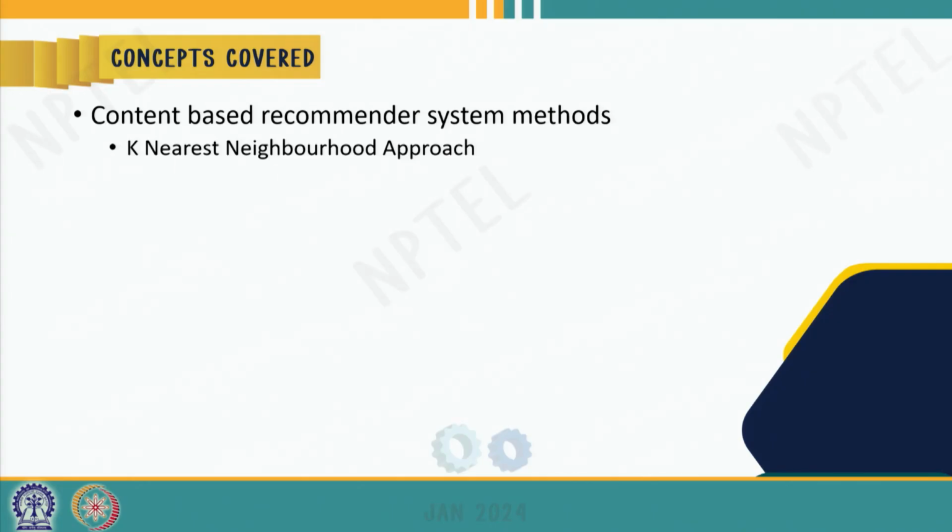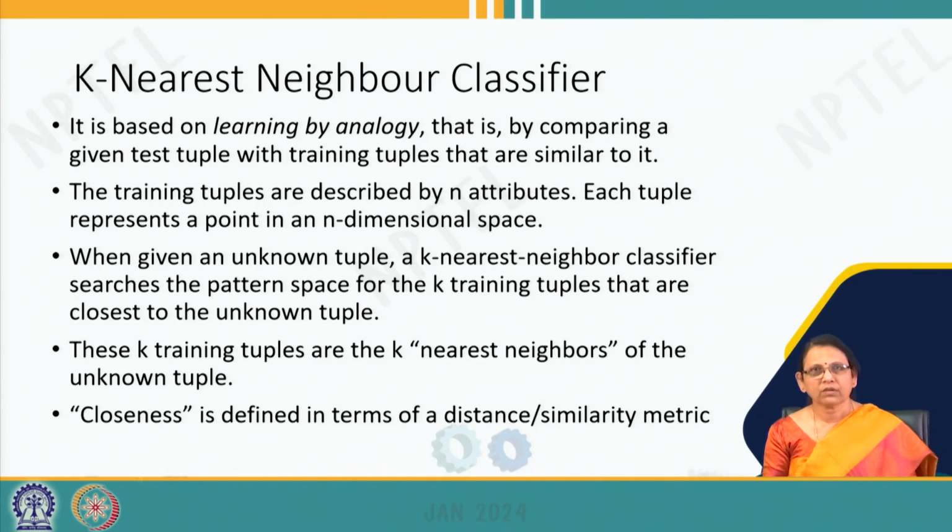So, with this, let us try understanding what these k nearest neighbor classifiers are. In fact, while talking about our introduction to machine learning, we have already talked about all this briefly. Now we are going to talk about them in detail.